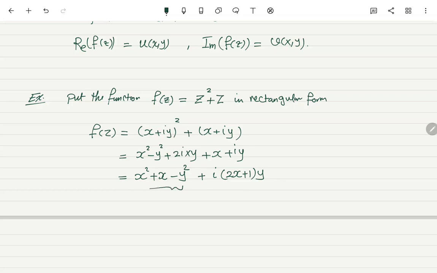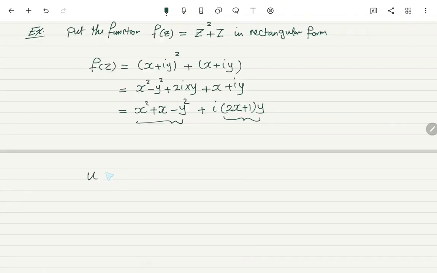Therefore, this is the real part and this is the imaginary part, and we just placed the function f of z in rectangular form. u(x,y) equals x squared plus x minus y squared, and v(x,y) equals (2x plus 1) y.